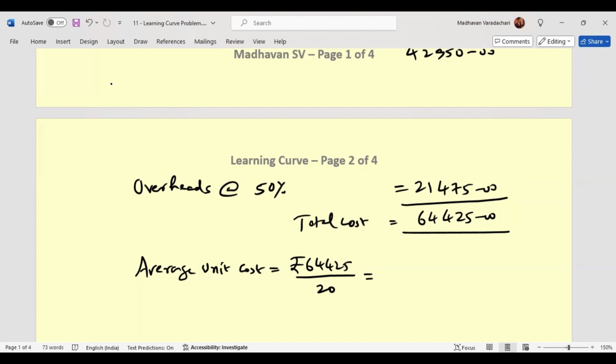We'll get rupees 3,221.25. That will be the average unit cost. This is the solution for this particular question.